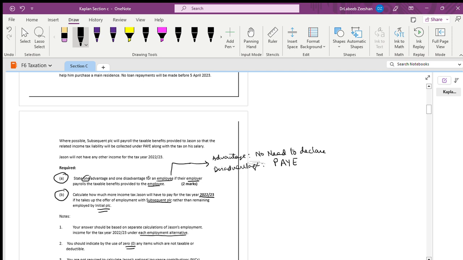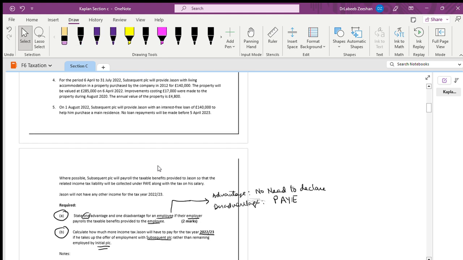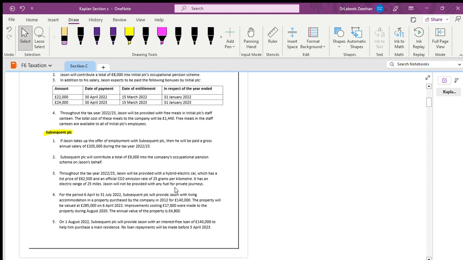There is no hard and fast rule that we have to do it. This is where we have to work it out.